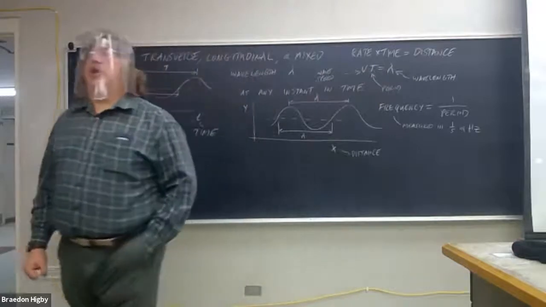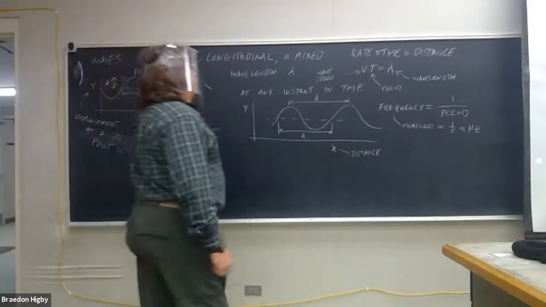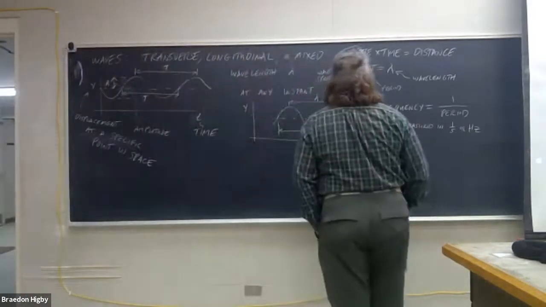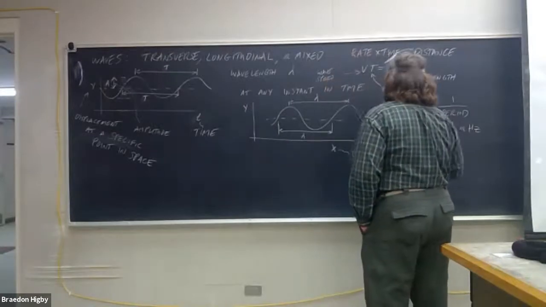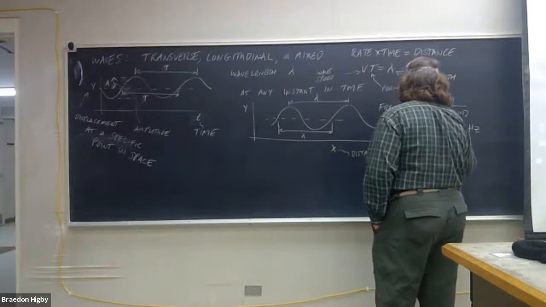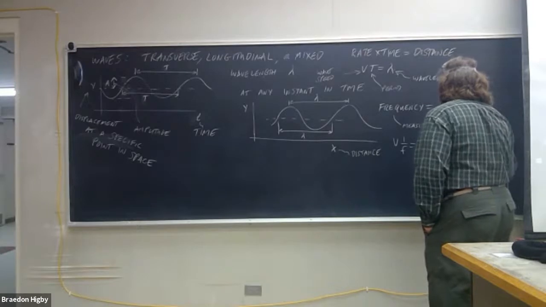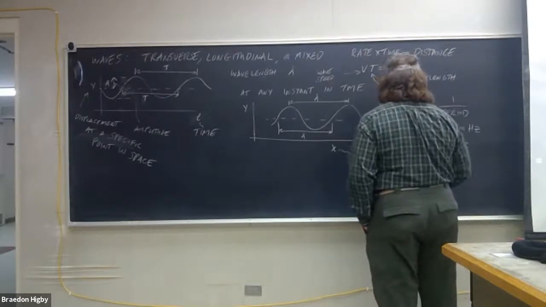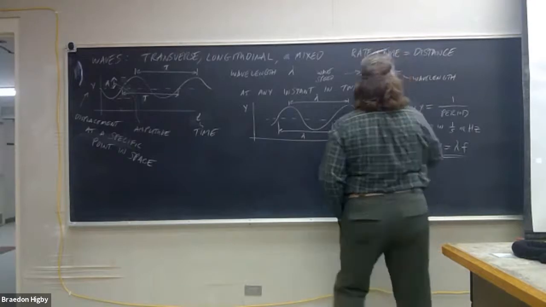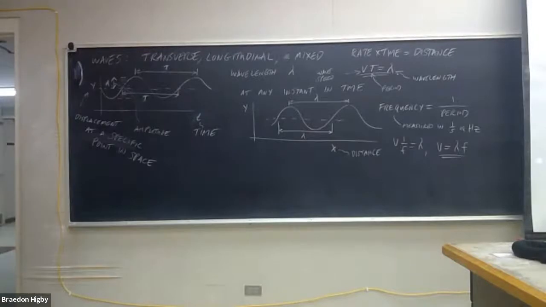So basically, 1 hertz is an oscillation per second. And so if we put that in for our period, we can also write the wave speed as the wavelength times the frequency. So it's pretty much the same relation.